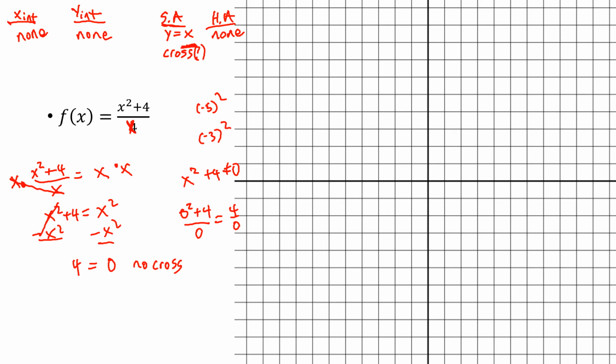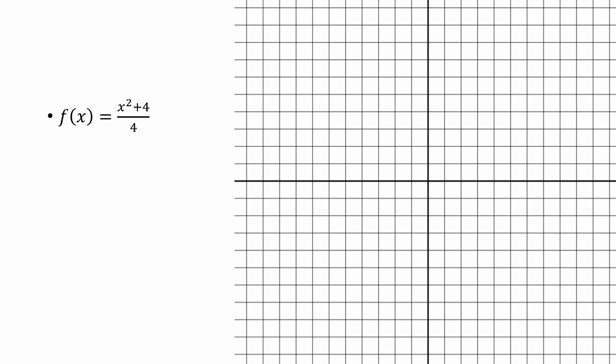The only other thing for us to do is to do our sign chart and put our graph together. But again, let's clean this up and recap. So we said that for our x-intercept, we had none. For our y-intercept, we also had none. For our horizontal asymptote, since it's bigger on top, there was none.